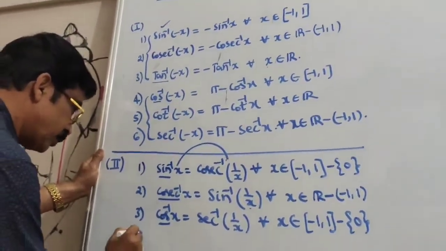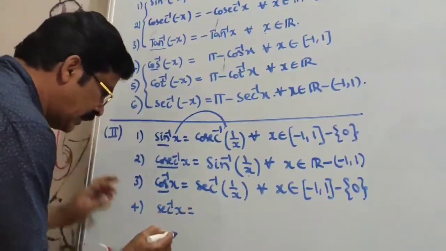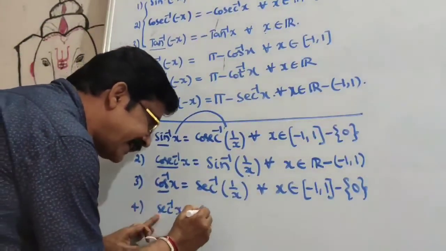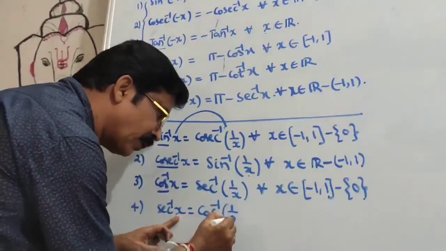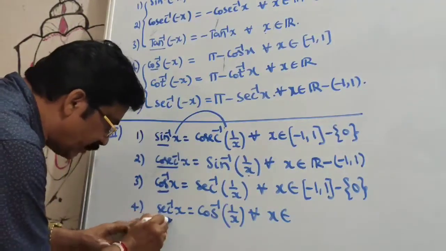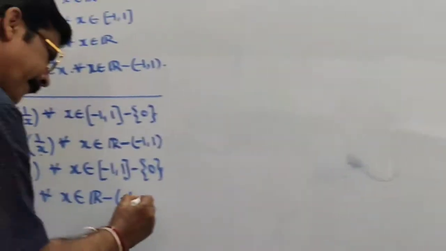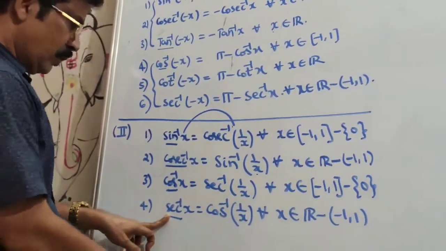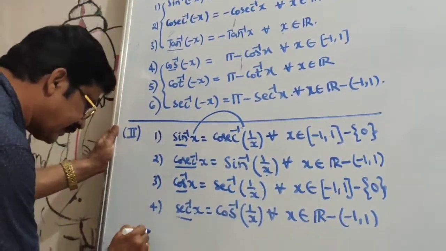Next, the 4th one, secant inverse of x equals, what is the reciprocal of secant? Cos. What is the reciprocal of x? 1 by x. For all x belonging to the domain of secant inverse x, R minus the open interval of -1 comma 1. Okay, x should not be equal to 0. Already it is deleted.